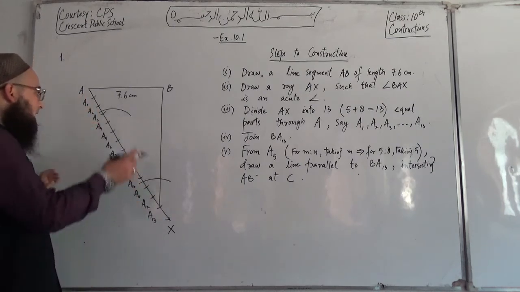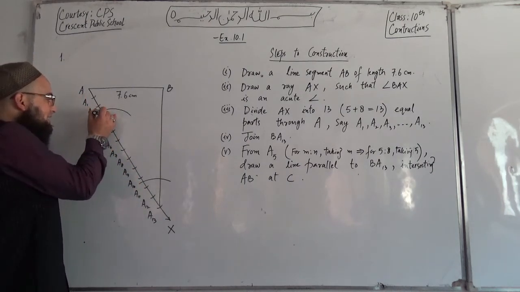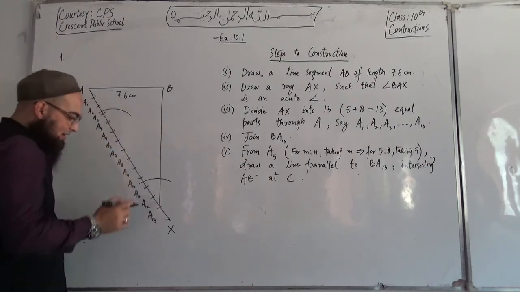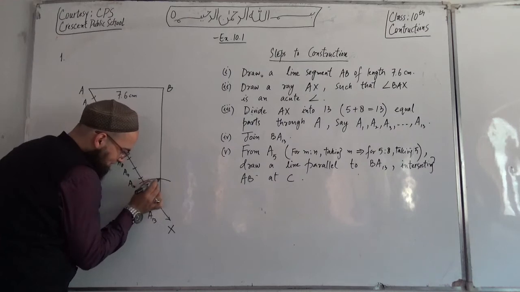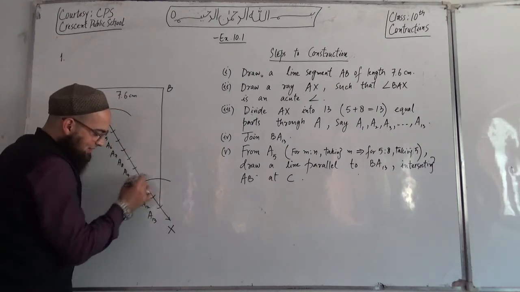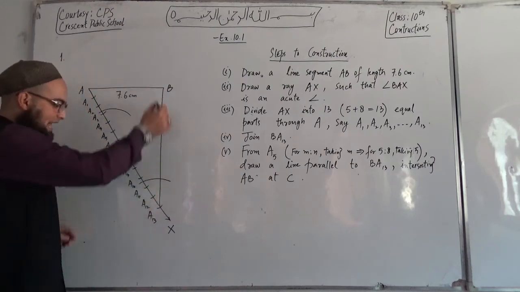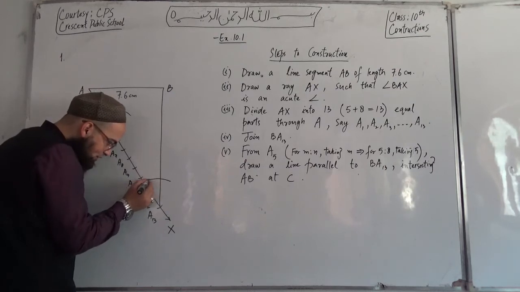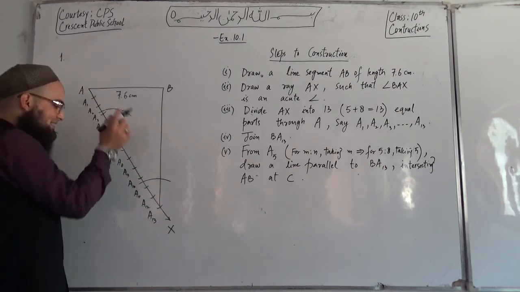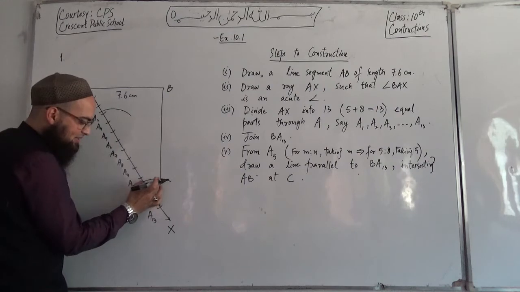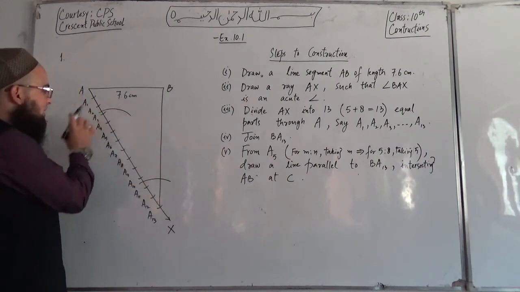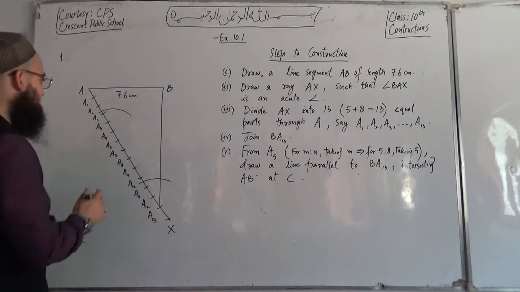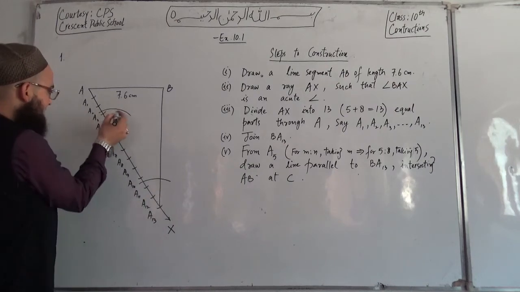There. Then with that point as center, and radius from here to here. You got it? Where the previous arc intersected AX and BA13, take that as radius. So from this point to this point, with this point as center and radius from this to this, draw another arc like this.